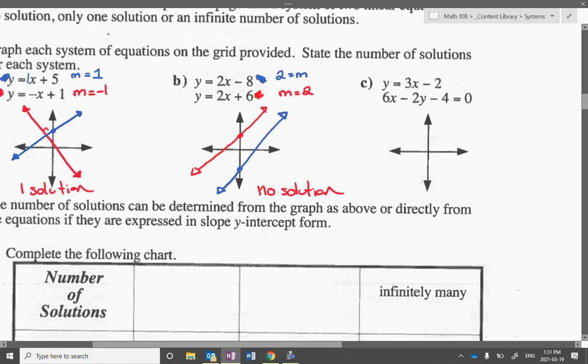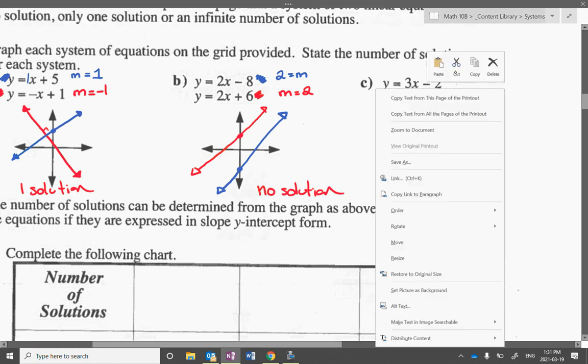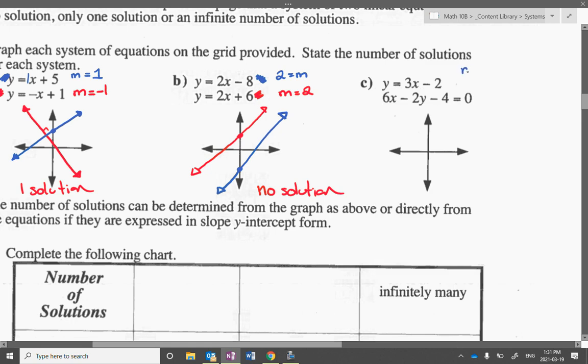Okay, so example C, my slope is 3 for my first one, crossing at -2. So I'm going to have a dot here, the steepest slope we've had so far. Looking at my second equation though, can I look at that and just graph it?